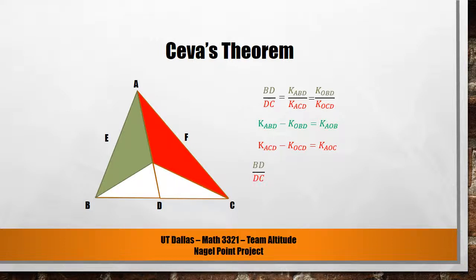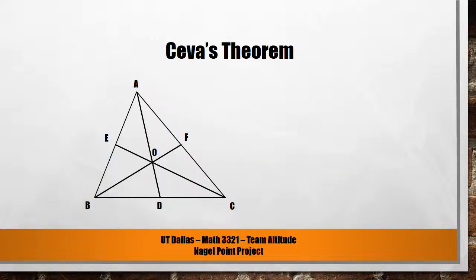As we show on the diagram, BD divided by DC then becomes the area of ABD minus the area of OBD divided by the area of ACD minus the area of OCD, which equals the area of AOB divided by the area of AOC. Let's apply this to the other two sides of the triangle.